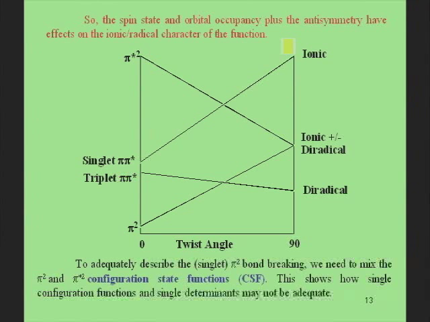In addition to that, though, as a function of geometry, even if we start out with a single determinant like pi squared, it doesn't give the right single determinant at the product geometry, at a different geometry. So sometimes we have to let configurations actually mix, electronic configurations combine to give the right situation that we want at the perpendicular geometry, in this case, the ethylene.